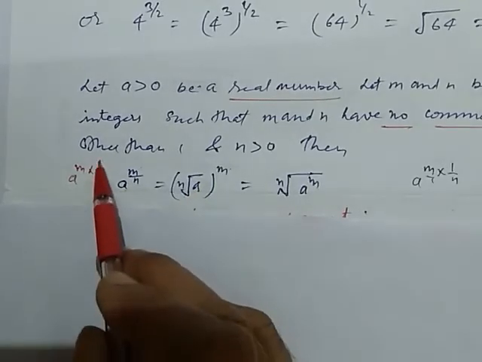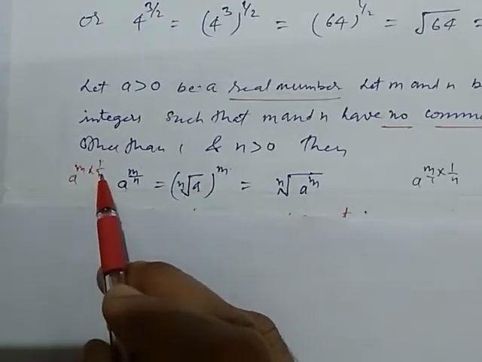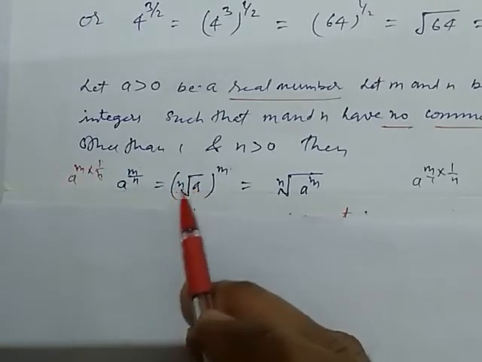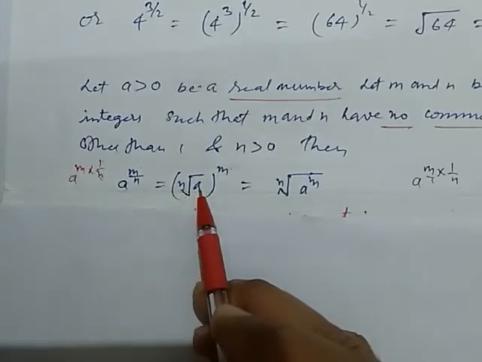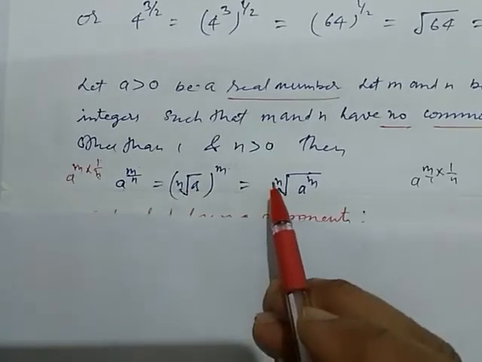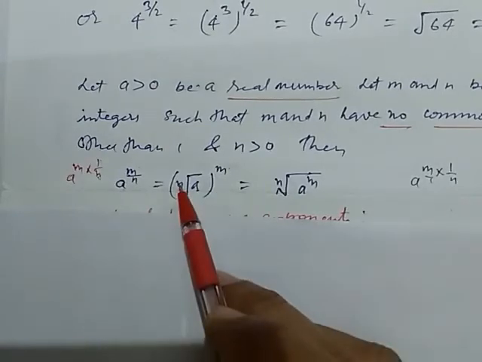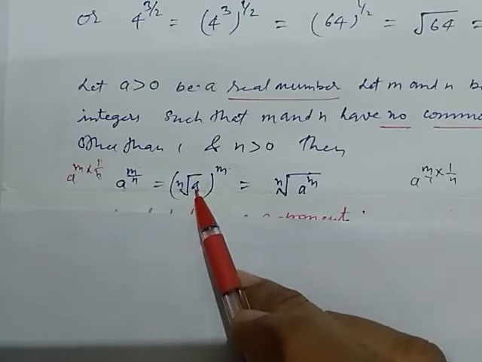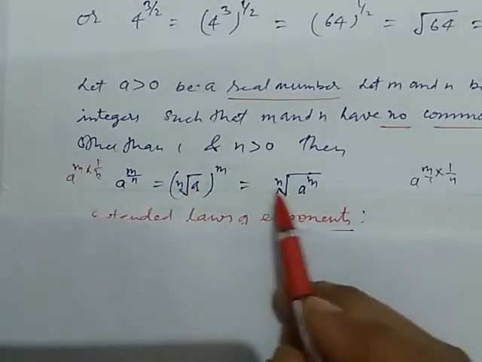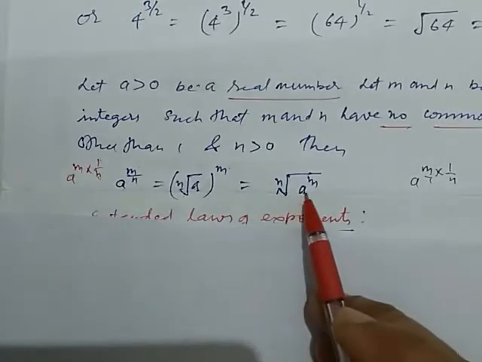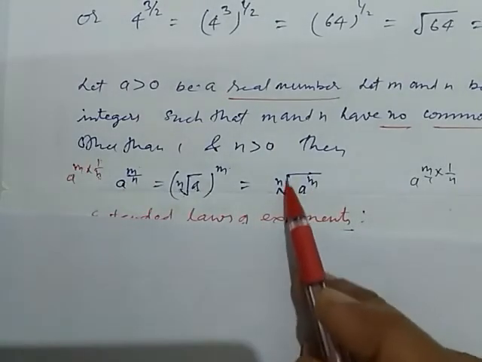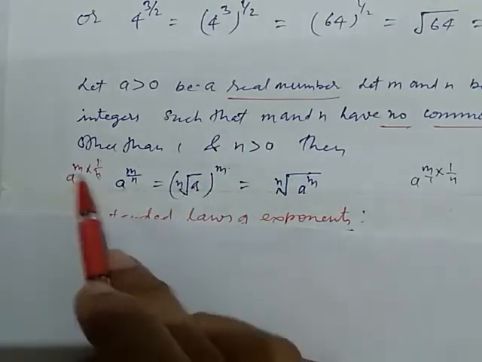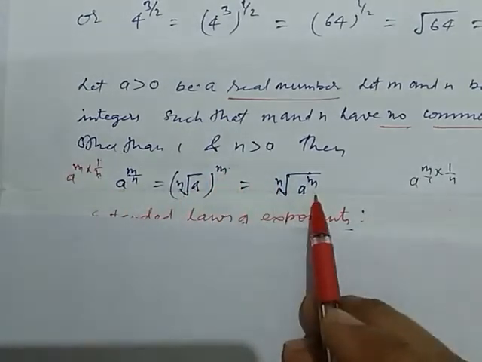If this is 1 by 2, then square root; 1 by 3, then cube root, and like that. So these are called nth roots of a. And this m power we take inside, so this can be written as a power m whole nth root. This way we can shift powers.